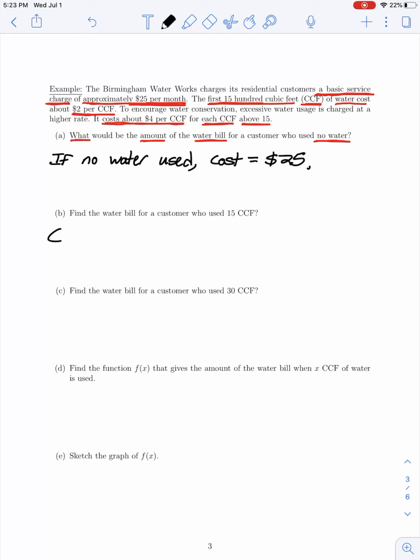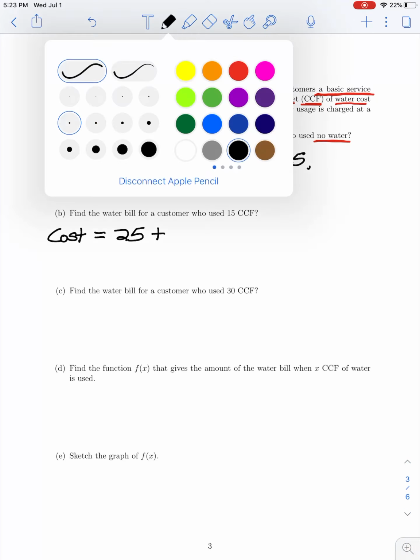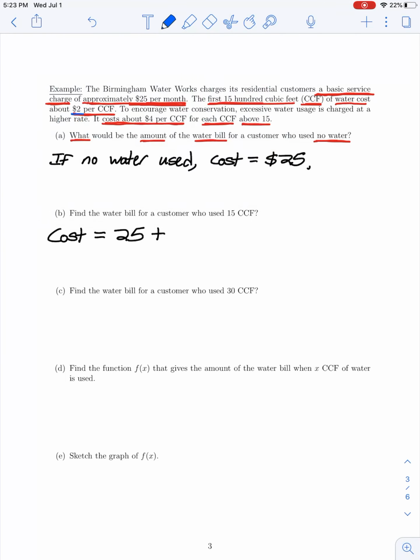So here in part B, our cost for this customer would be the initial $25 as the basic service charge, regardless of how much water is used. And onto that $25 base charge, we have a charge of $2 per CCF for the first 15 CCF.